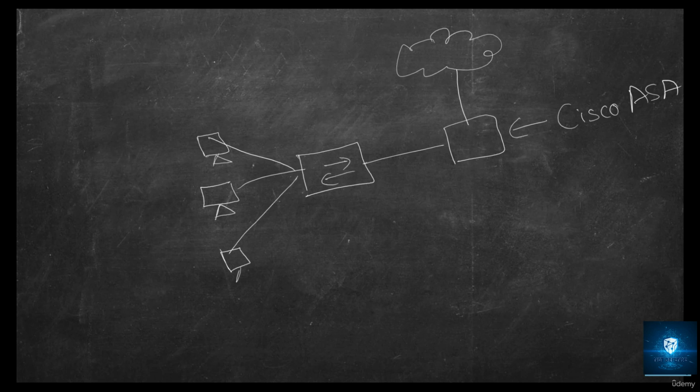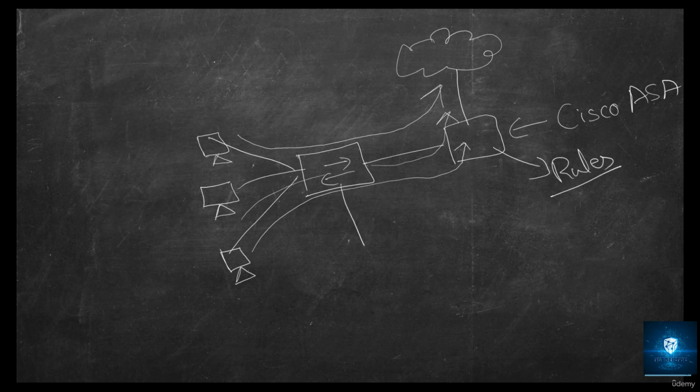Now maybe you have multiple segments here also, but let's not think about it like that. Let's just keep it simple. Now the users are passing by like this, right? All the users have this data path through the Cisco ASA. Now there are policies here. Obviously you have the rules, the ACLs over here, but now you want to slide in the Palo Alto firewall here, and this interface is in tap mode.